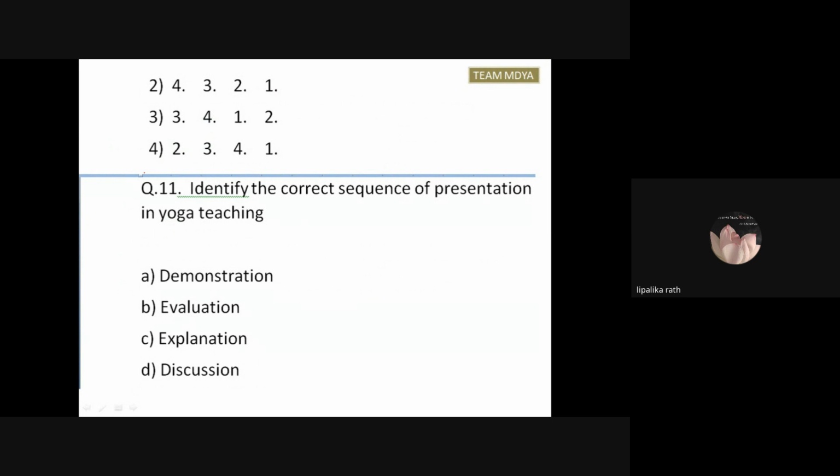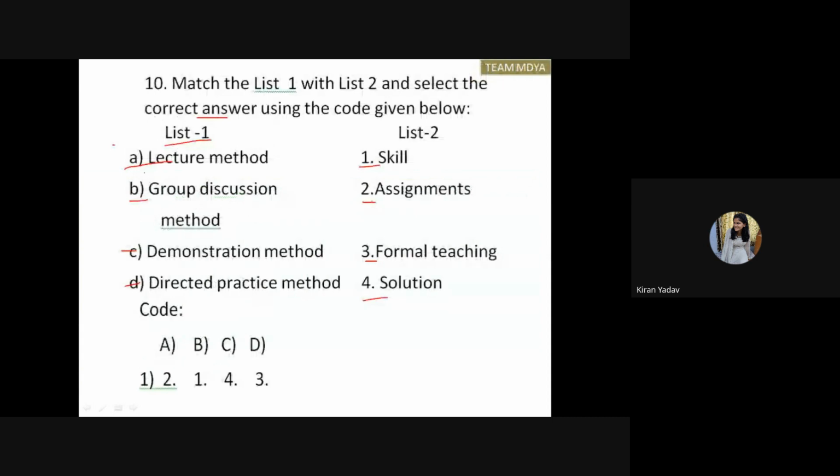But by seeing the column, I can match it. Okay. So if anybody has any option other than option number 3, let me ask one by one. Lecture method. It should be matched with formal teaching, ma'am.